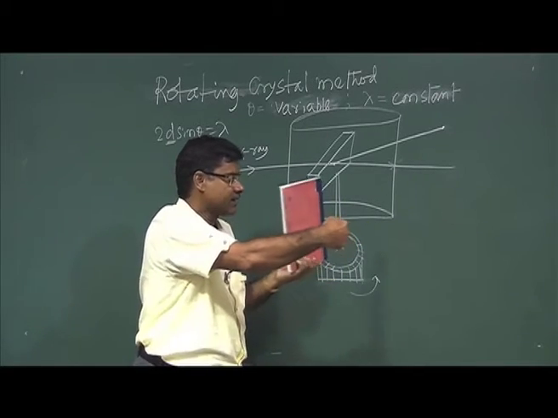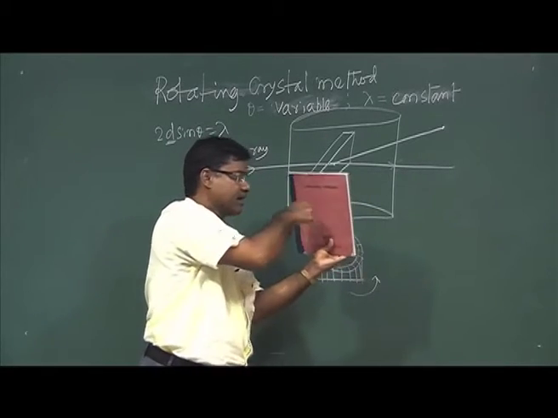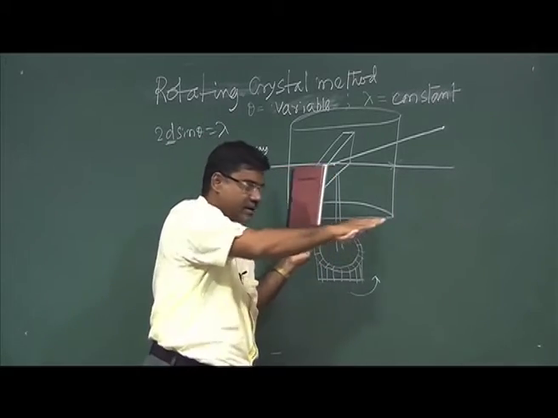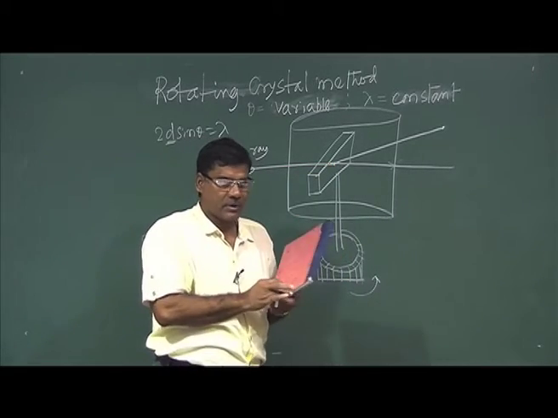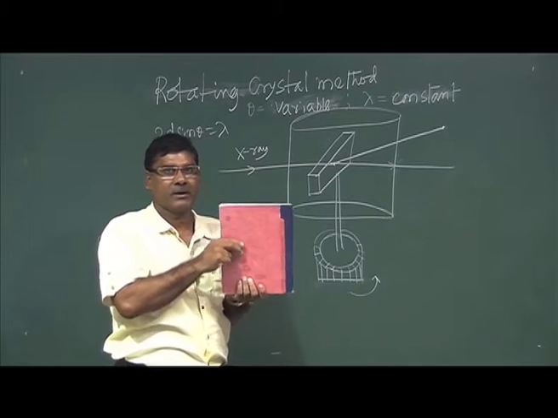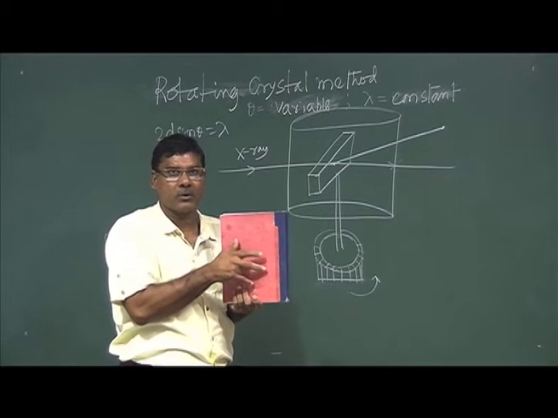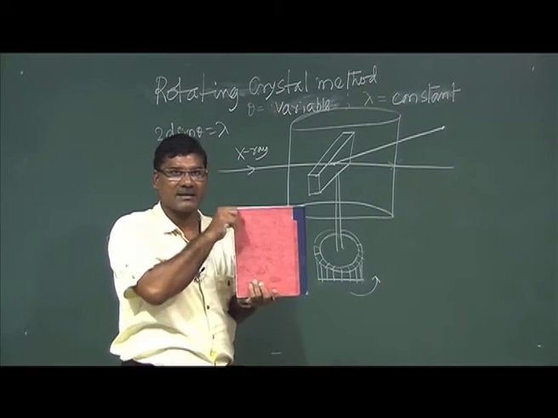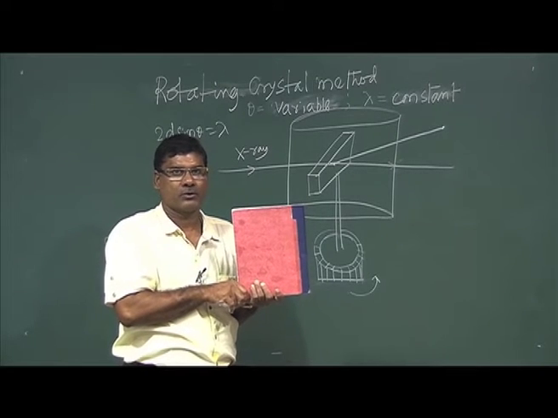Normal to this horizontal plane, it will be in different direction, but it will be on a horizontal plane. Okay. So this is called basically zone, this is called zone of planes, and this axis is called zone axis.